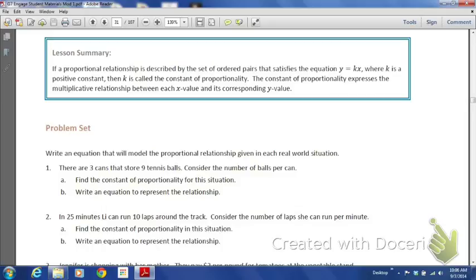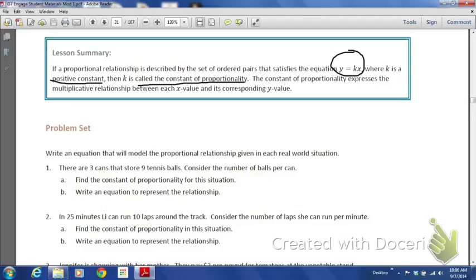So lesson summary: if a proportional relationship is described by the set of ordered pairs that satisfies the equation y equals kx, where k is a positive constant, again that constant of proportionality, then k is called the constant of proportionality. I know, we are beating this really, really hard. Sorry, I just want you to get to know these terms so well.